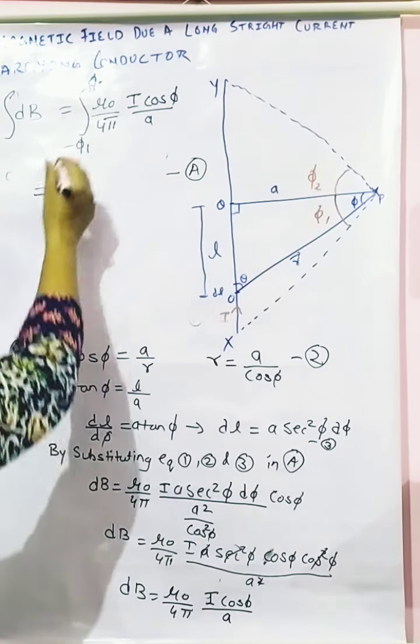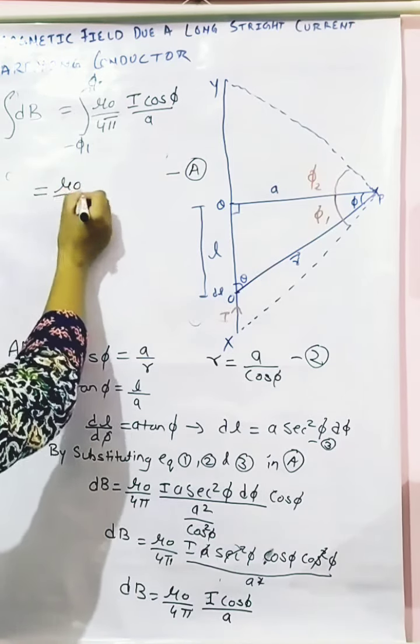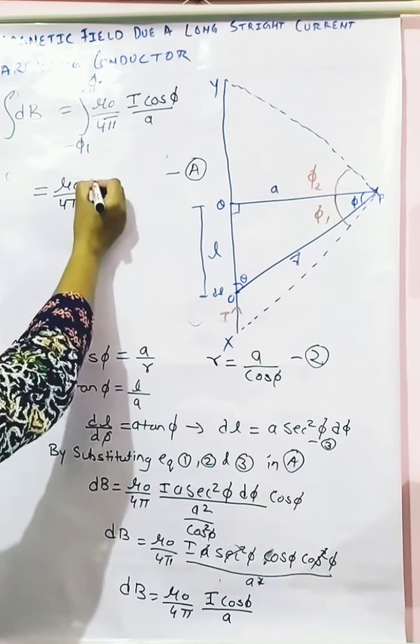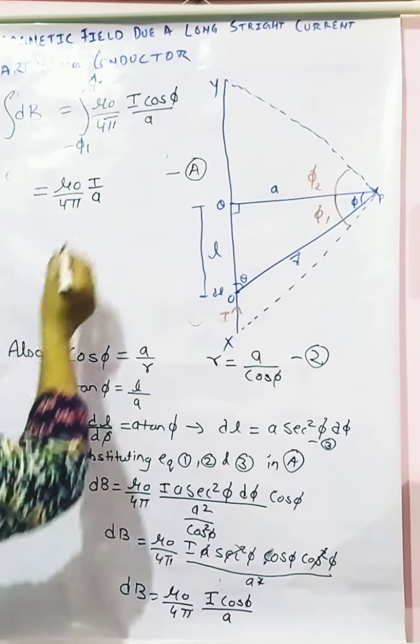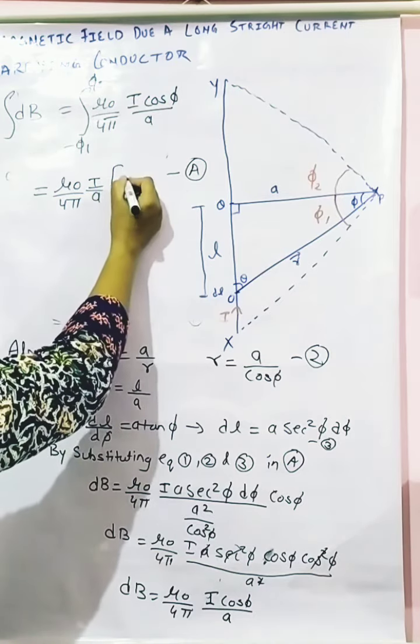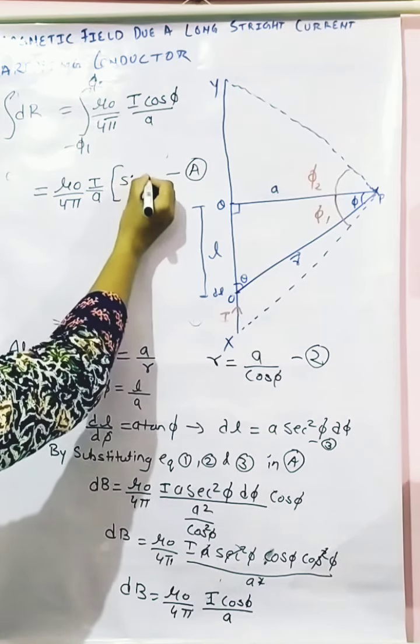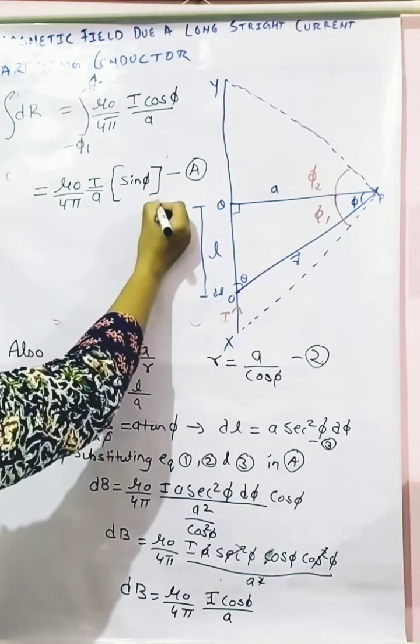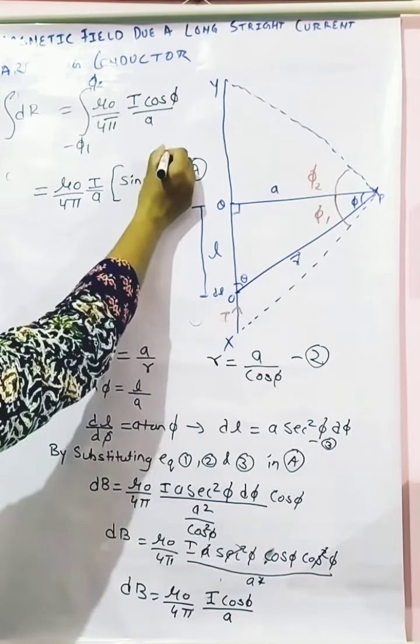So we get mu naught upon 4 pi outside, and I upon a will also come outside. What is left? Integration of cos phi will be sin phi. I am writing it directly. This will be from minus phi 1 to phi 2.